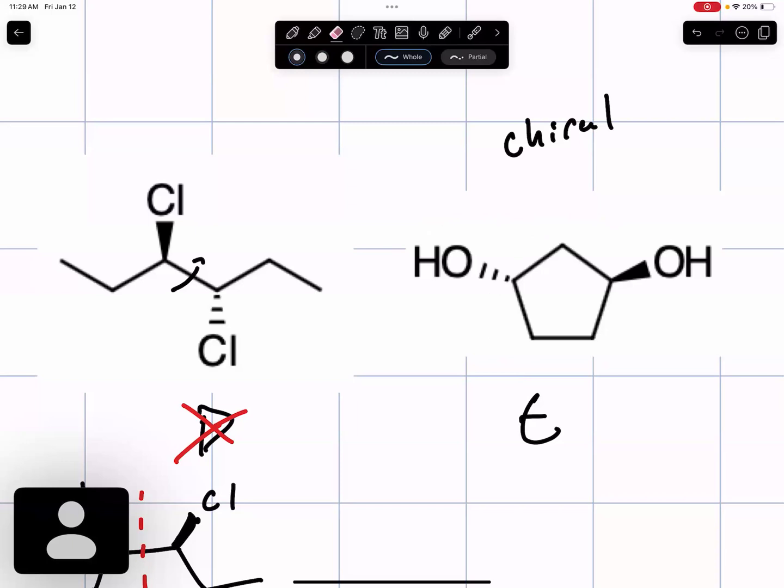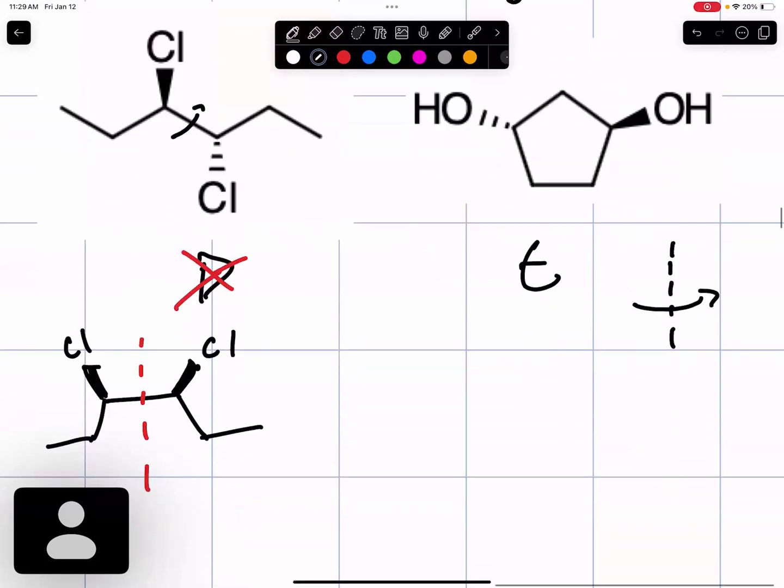The only thing we can do is basically horizontally flip it. But if we horizontally flip this, it would be similar.